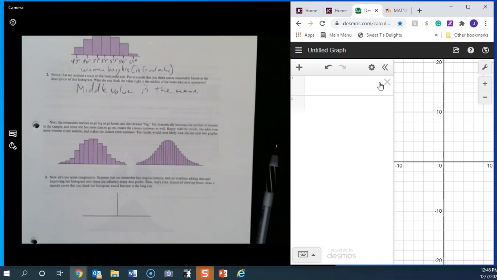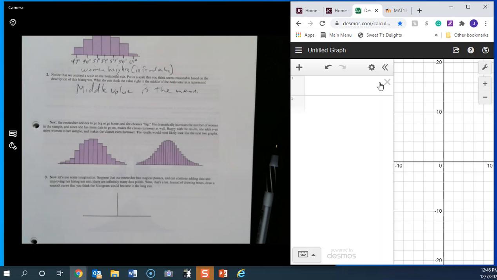Next, the researcher decides to go big or go home, and she chooses big. She dramatically increases the number of women in the sample, and since she has more data to go on, makes the class narrower as well. Happy with the results, she adds even more women to her sample and makes the classes even narrower. The results would most likely look like the next two graphs, which we see here.